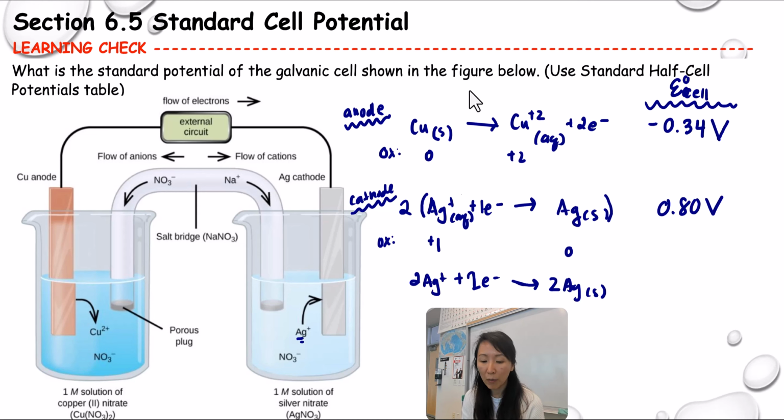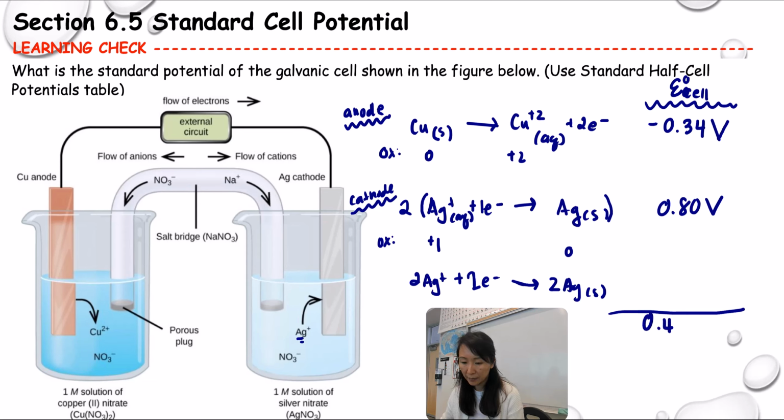Although you may have multiplied this by 2, do not multiply this by 2. Now that we have the two voltages together, you're going to go ahead and add the two values. So negative 0.34 plus 0.80 would be 0.46 volts. So what is the standard potential of the galvanic cell shown below? It's this right here.